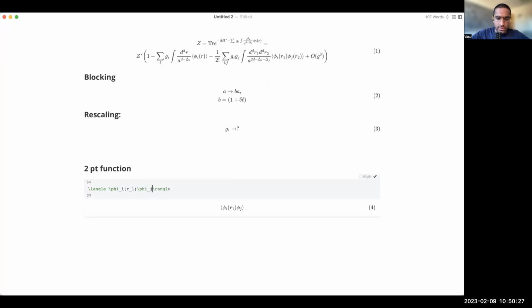And so in Cardy's conventions, this is what he means. He has that, right, so standard 2-point function.